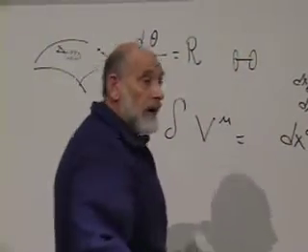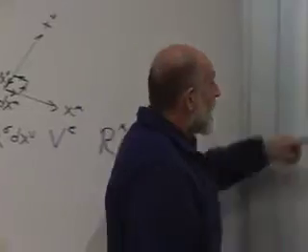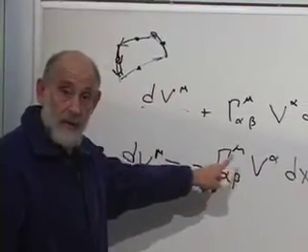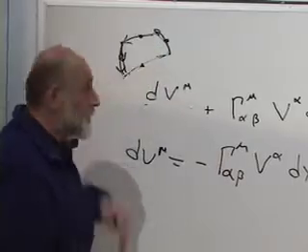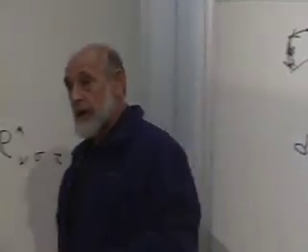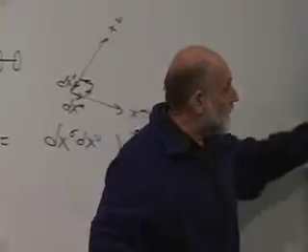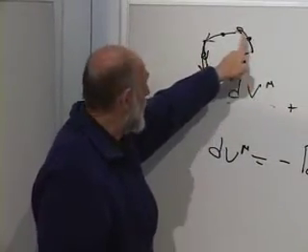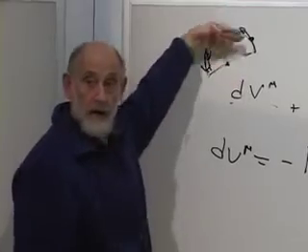In fact, it's clear that what's going to come into it are derivatives of gamma. It's the fact that gammas vary from place to place that means you don't cancel out deviations along one arc by deviations along the arc coming back.